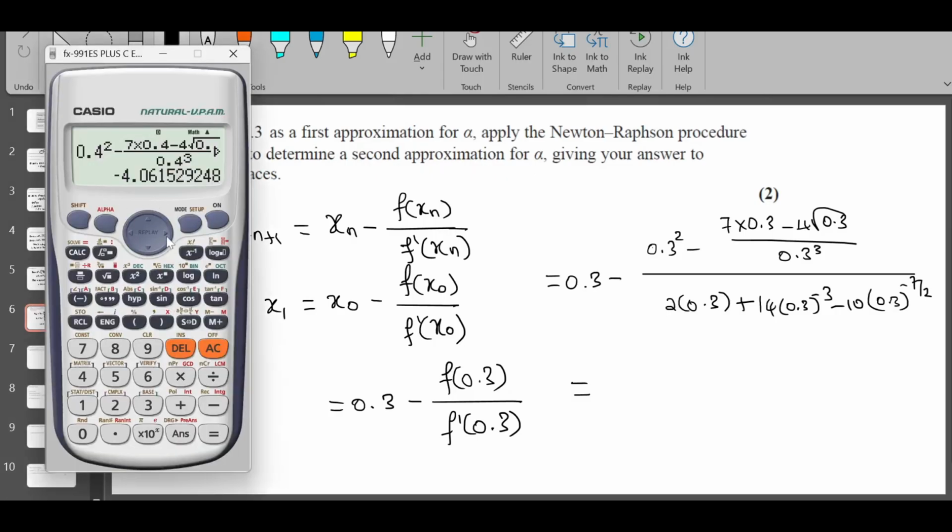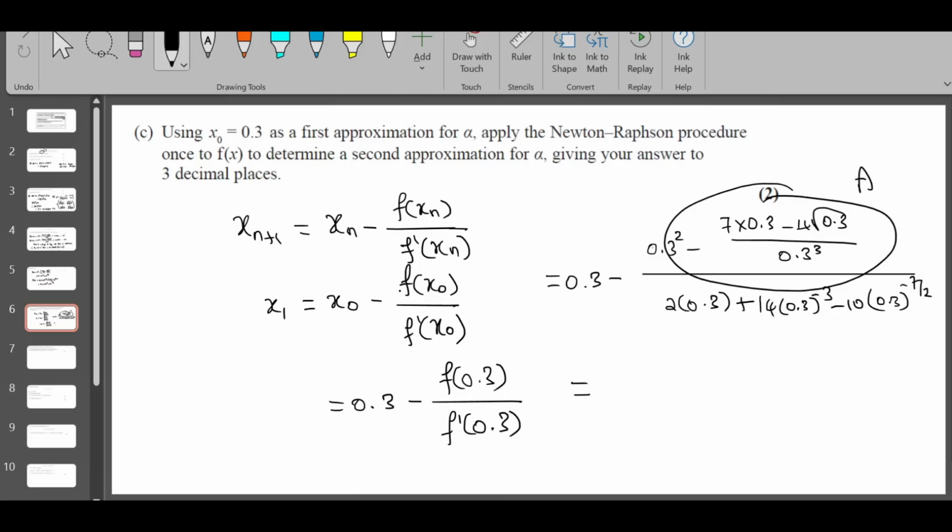Since we have this here, I'm going to change this to 0.3, 0.3 squared minus 7 times 0.3 minus 4 root 0.3 divided by 0.3 cubed. You'll get 3 point something. I'm going to store the value as a.